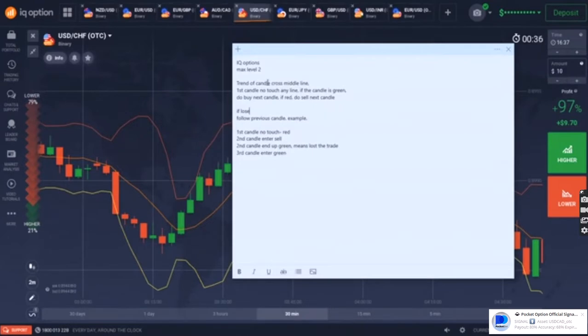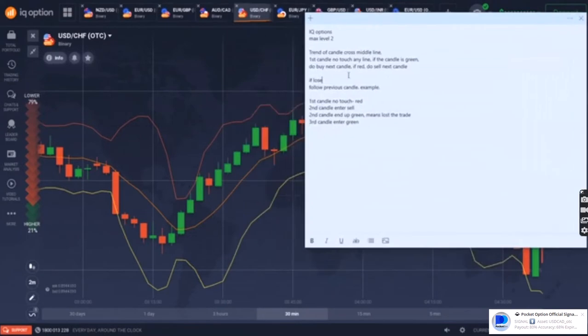So, the trend of the candle crossing the middle line: the first candle that does not touch the line. Here, this one is the first candle that touches the line. If the candle is green, you do a buy, which is a call. If the candle is red, do a sell. So in this case, if the candle is green, you do a buy, and you will profit at level 1.